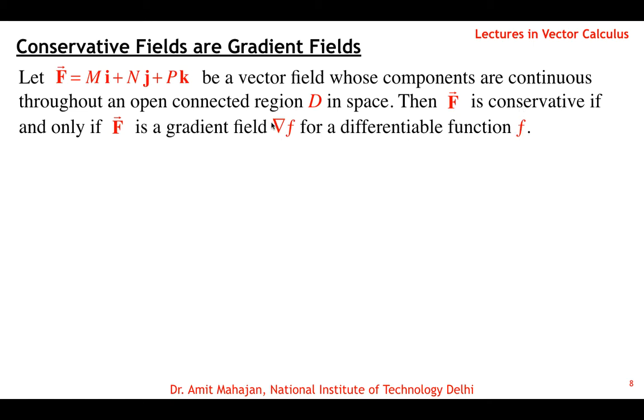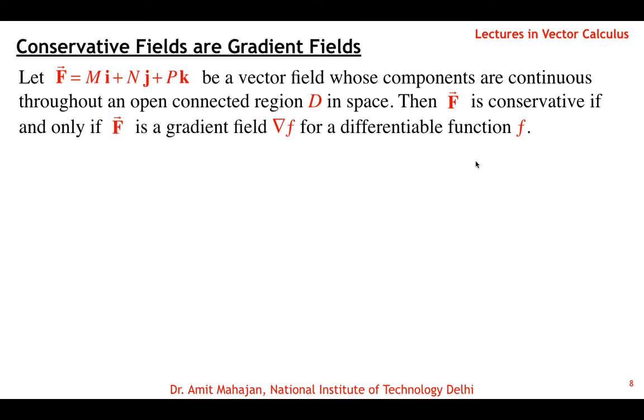So that means if a field is conservative, then the vector field can be written as equal to the gradient of a scalar function, and the converse is also true. If F can be written as a gradient of f, then it implies that the field is conservative.